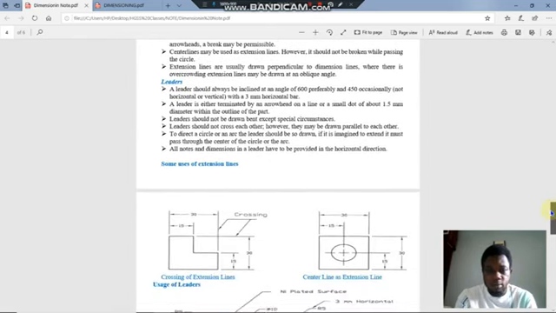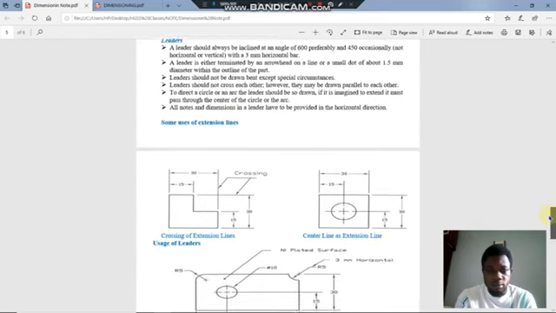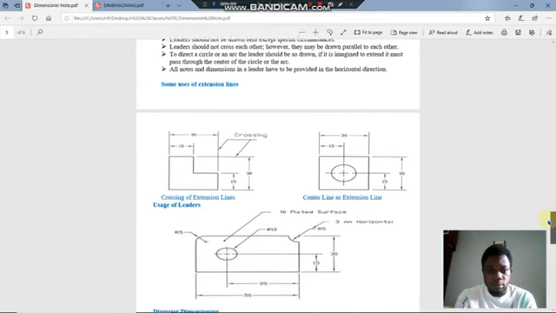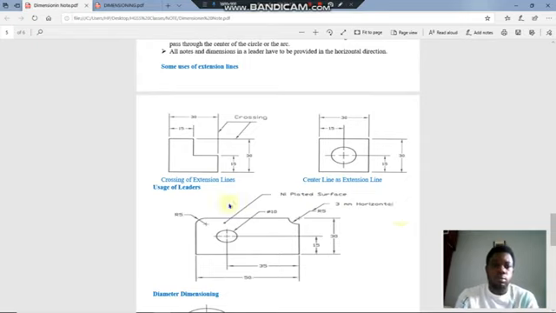Then the crossing of extension lines, this and then this.